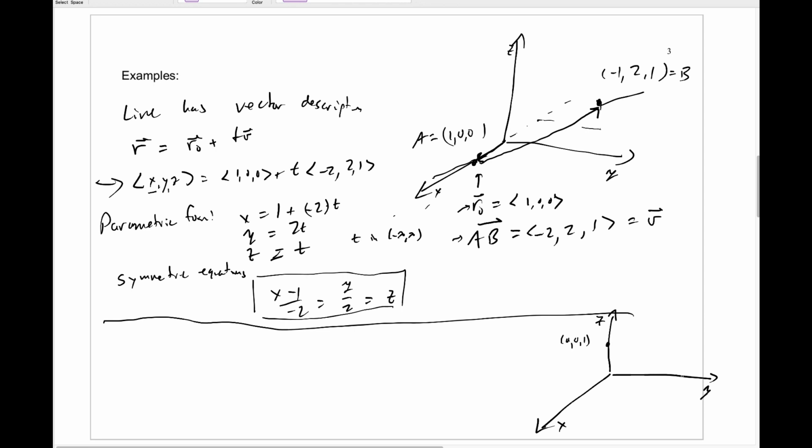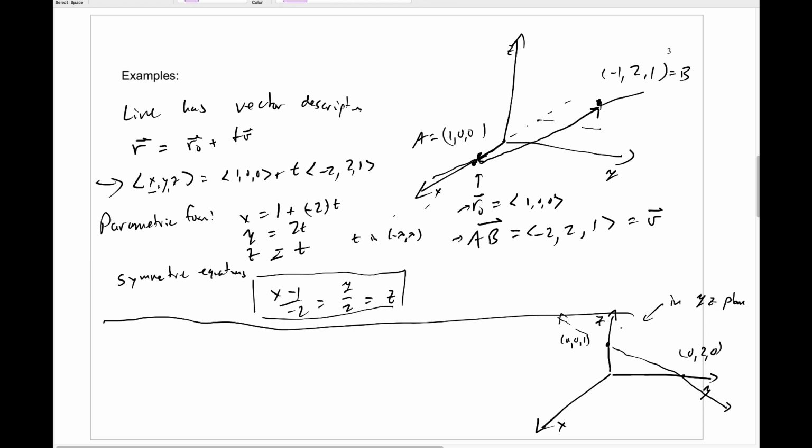And let's say I have this point here, which is 0, 2, 0. What is the line that contains those 2 points? One thing that should look pretty clear is that that line lies entirely in the YZ plane. How will things look in that case?